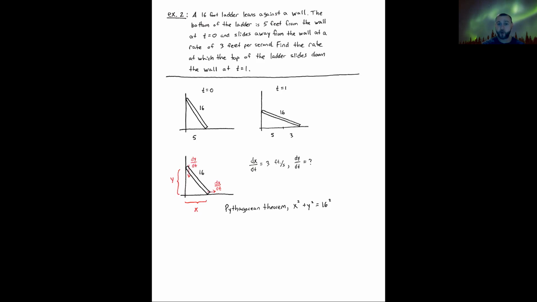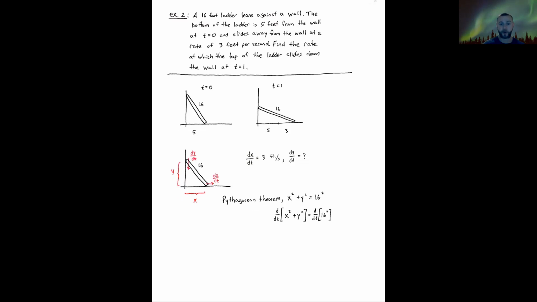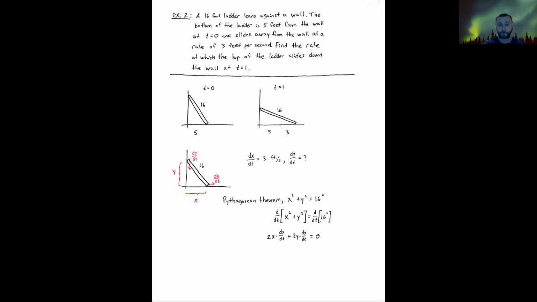Okay, now once we have our equation here, we're going to keep in mind that our variables x and y are both changing with time. So if we want to get some rates in there, derivatives, we're going to differentiate both sides with respect to t. The right side is going to be really simple. I have no idea what 16 squared is, but I do know when you differentiate 16 squared, that's a constant, that's going to differentiate to 0.